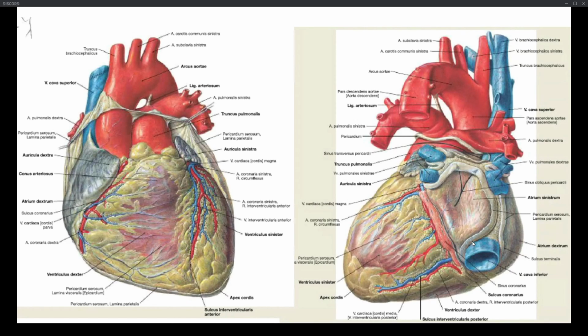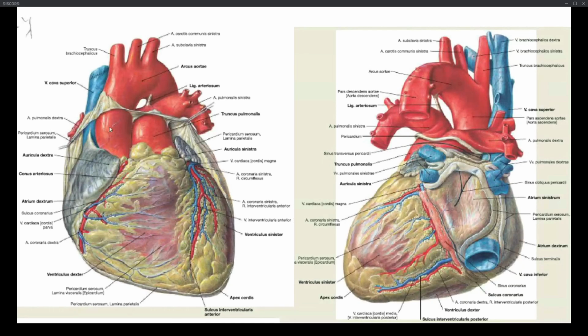So I think the only thing I would also mention over here is this sac, which is what I already explained a little bit, the pericardium. So it's again like a sac that is an invaginated structure going all around the heart, and is filled with a little bit of liquid.